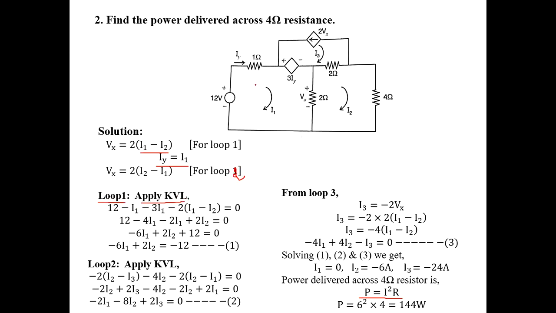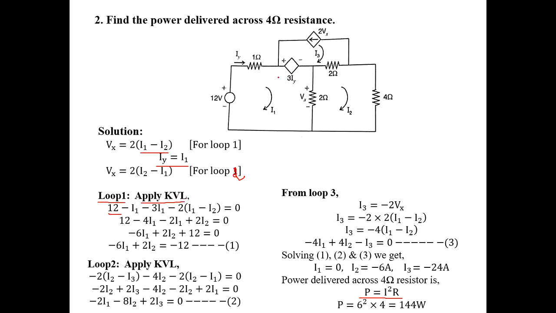This arrow meets the negative terminal first, so we can write plus 12. Next, the resistor means a voltage drop, so we put the sign minus. By Ohm's law, V equals I into R. The current flowing through this first loop is I1, and the R value is 1, so minus I1.